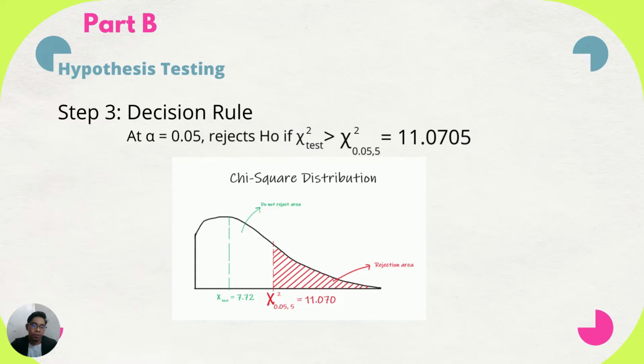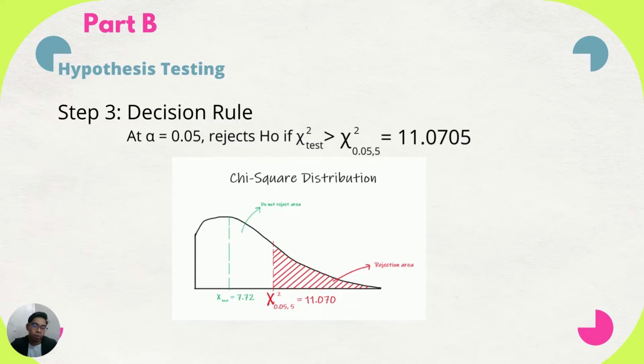We go to step number 3, which is the decision rule. At alpha equal to 0.05, we have to determine whether we reject H naught or not. We will reject H naught if chi-square test is more than chi-square alpha 5.